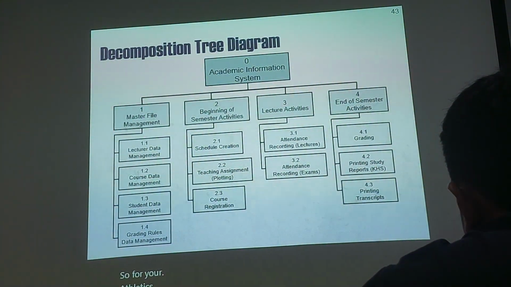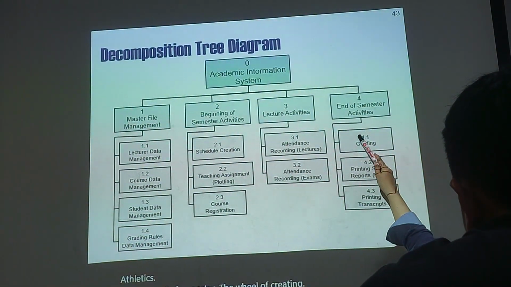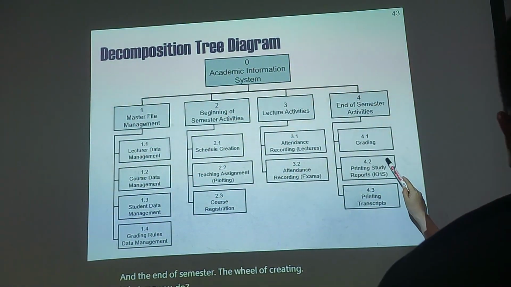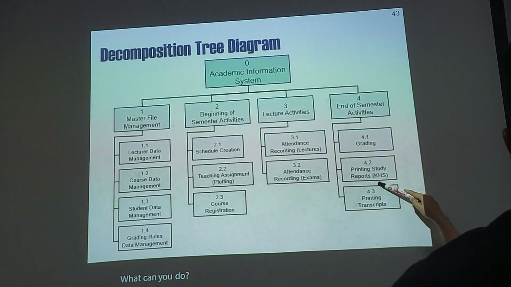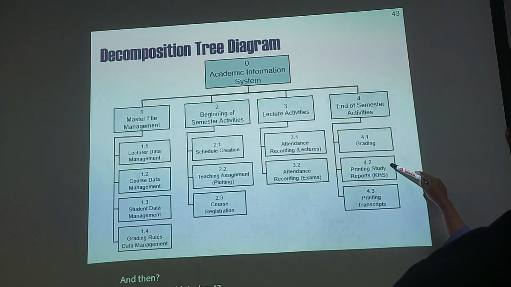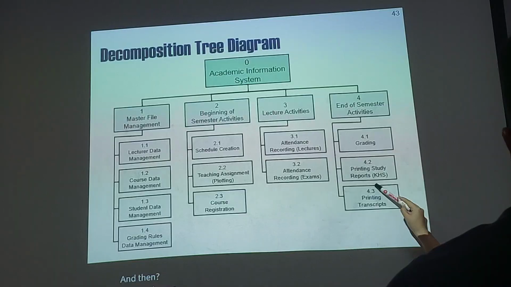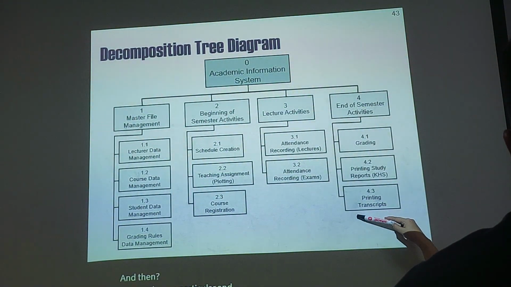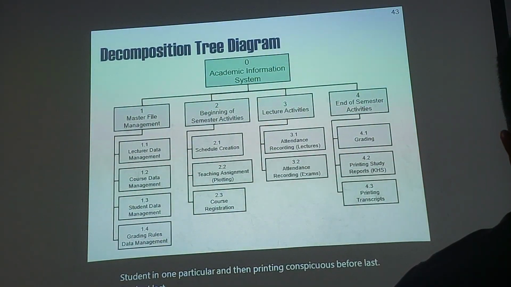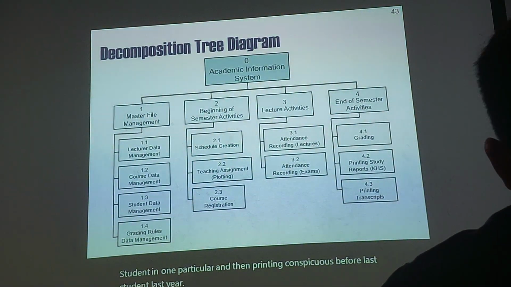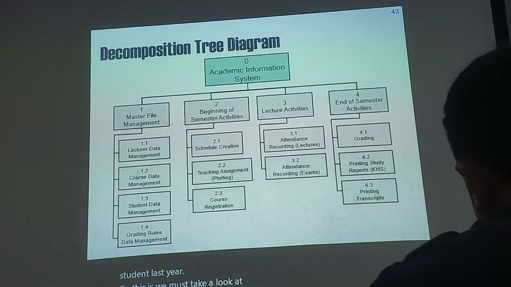At the end of the semester, we will do grading. Then printing the study report for students in years 1 until 3, and printing the transcript for last-year students. So we must take a look at this decomposition in data.